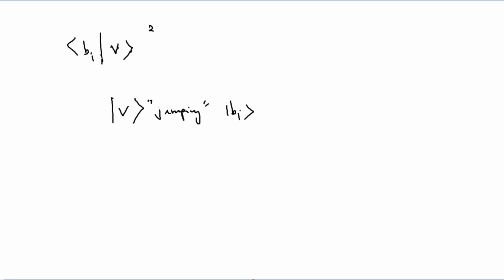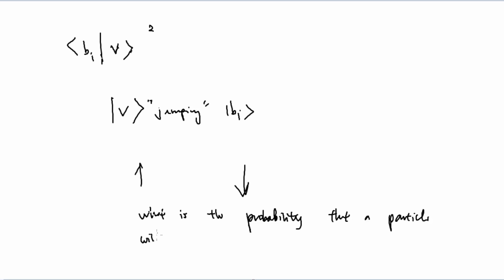Keep in mind that whenever we measure something in quantum mechanics and quantum physics, it does cause wave function collapse, and it makes it such that it has one of these states. So it gives us an idea of the probability that this particle, when we measure it, will end up having this particular state. In the case of, say, spin up and spin down, what is the probability that a particle will have spin up?